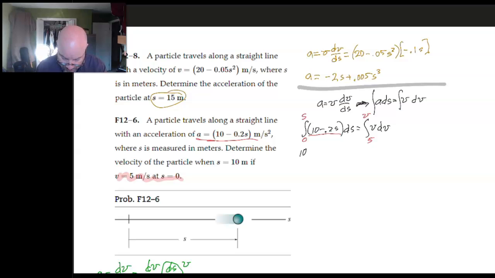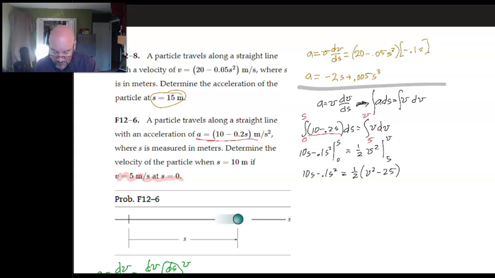Here we have 10s minus 0.1 s squared evaluated from 0 to s, and then 1/2 v squared from 5 to v. If we plug in our endpoints, we get 10s minus 0.1 s squared, the 0 just goes away, and here we have 1/2 v squared minus 25. Now I've got a relationship between v and s.